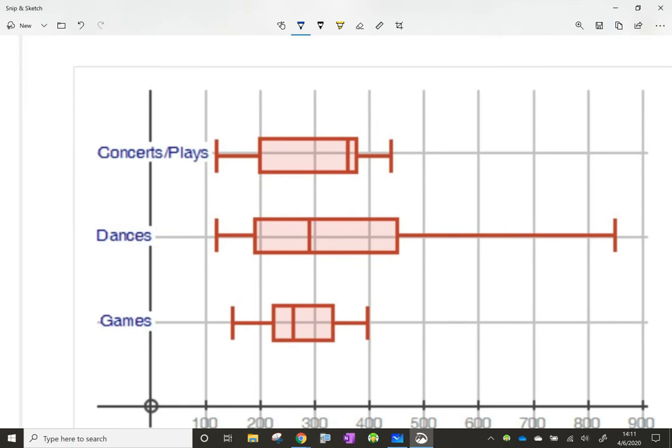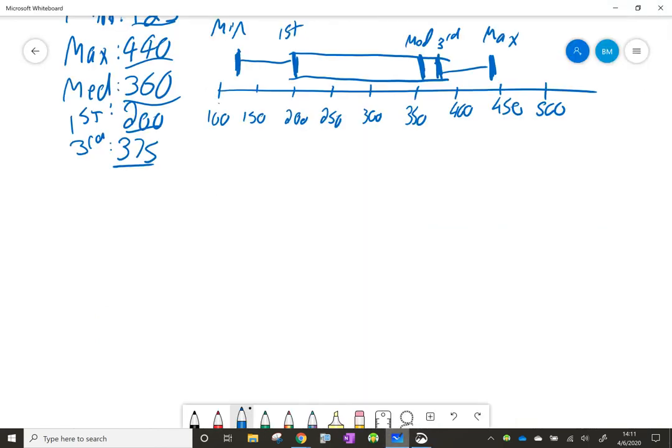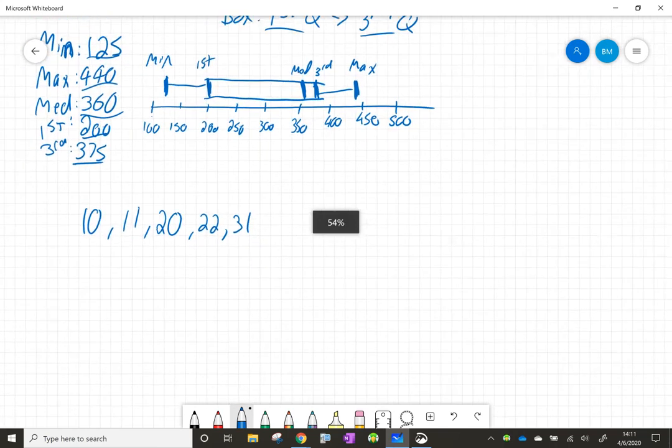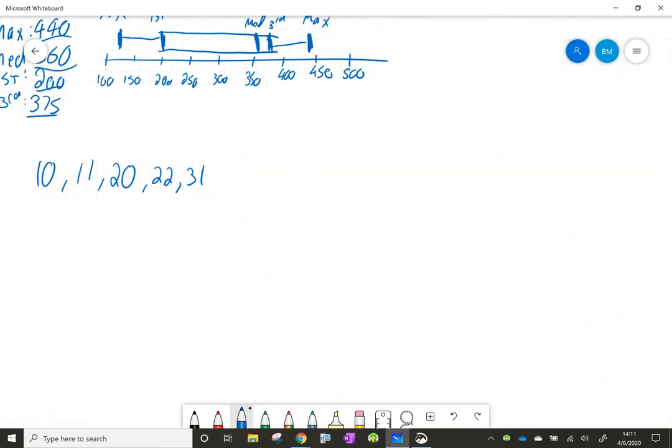So let me make a secondary example here. Let me give you a list of some numbers. Let's say I've got 10, 11, 20, 22, 31. I want to make a list of 20 numbers here, and I want to put them in order. Let's say then I've got 35, 37, 38, 39, 40.